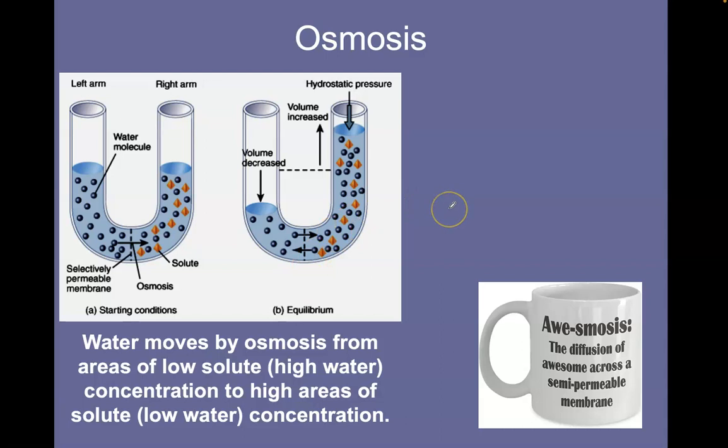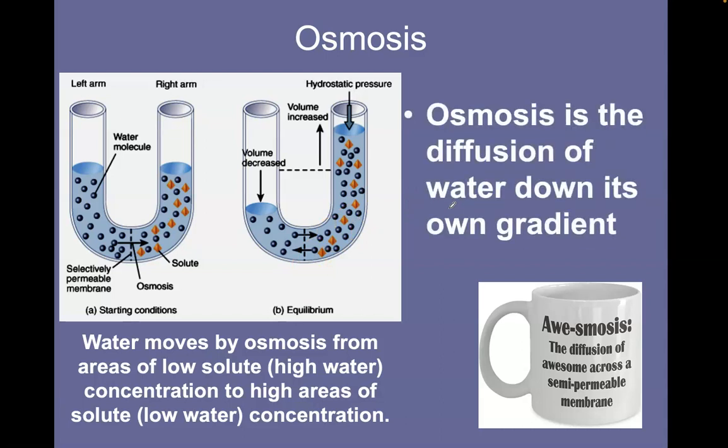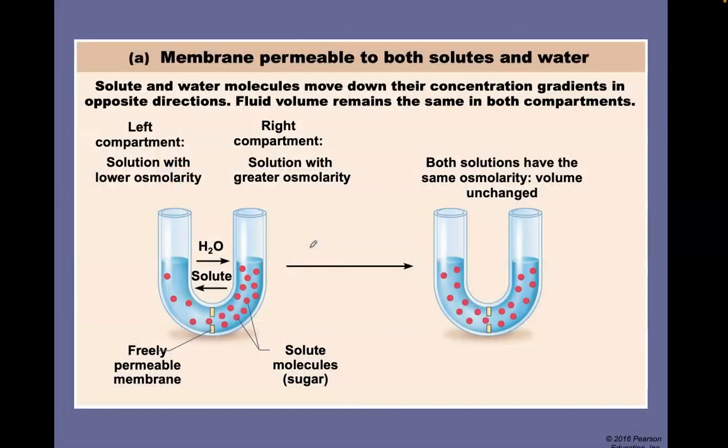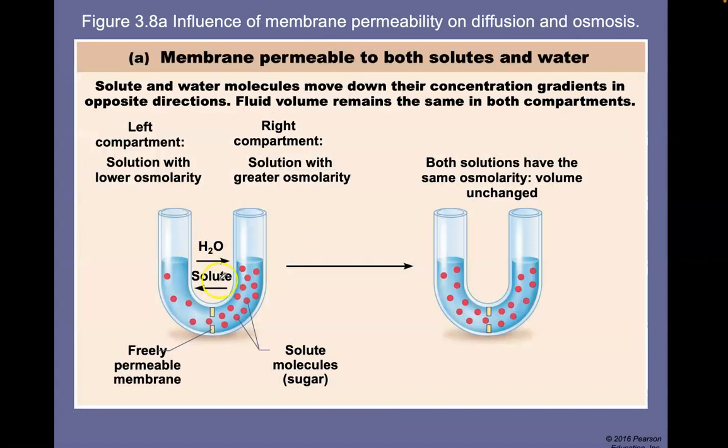It's important in osmosis to know that we have to have a membrane that is blocking some of the solutes. If it's not blocking the solutes and they're allowed to go across, the solutes will just diffuse down their concentration gradient. Water will diffuse as well, but it'll stay at the same level, because everything's just diffusing freely.